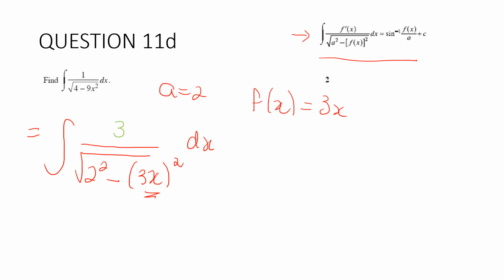I can't just introduce a 3, we've only got a 1 there, so we need to adjust it and put a third out the front, because a third times 3 is equal to 1. And so we have 1/3 inverse sine of f of x, which is 3x, divided by 2, plus c.